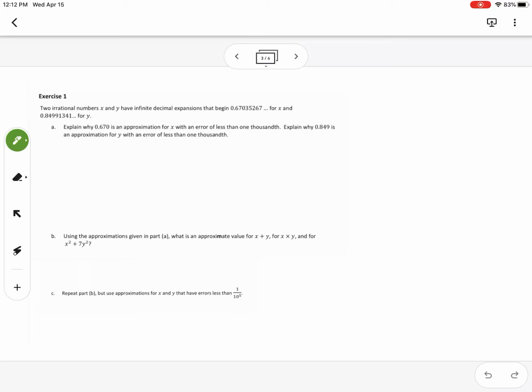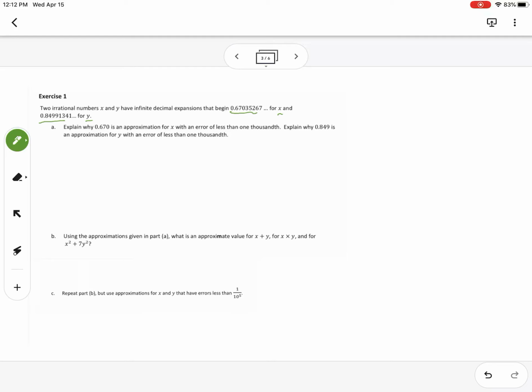So exercise 1. It says there's two irrational numbers, x and y. They have infinite decimal expansions, meaning they go on forever. And so here's the first number. I'm not going to read that all out. And that represents x. And then we've got a second number that represents y. All right.